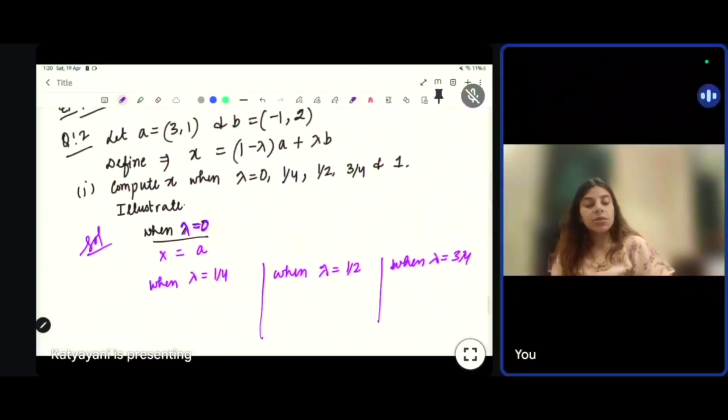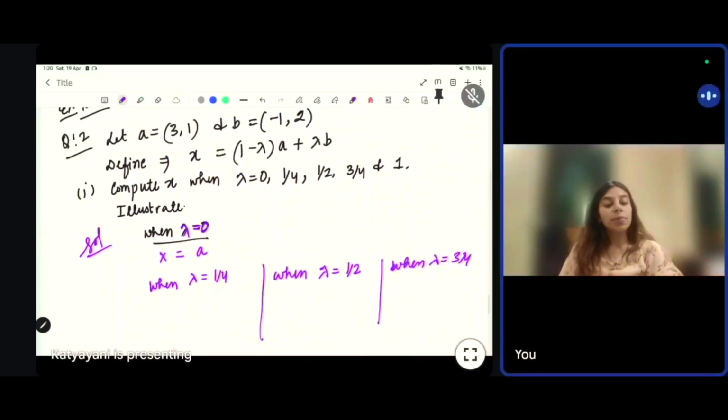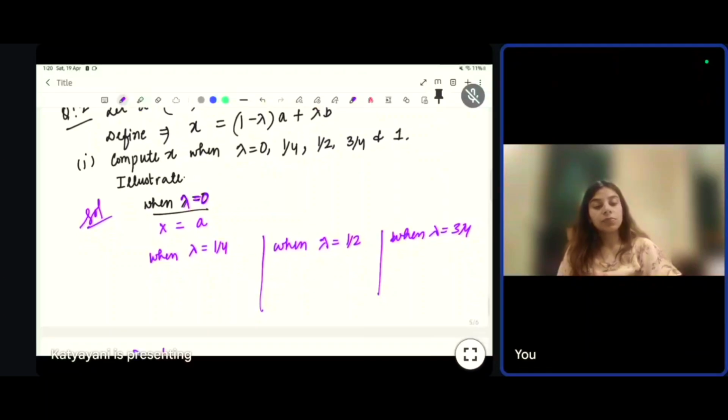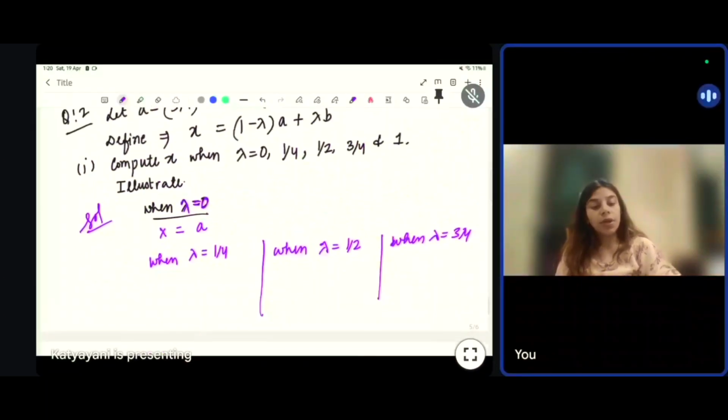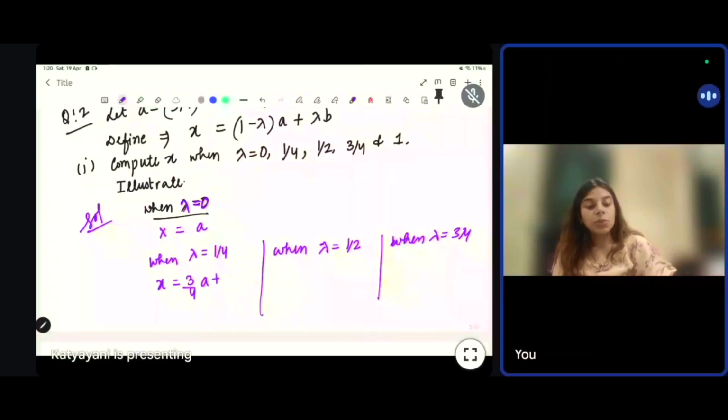So you can see here, when lambda takes a value 1 by 4, x would become 3 by 4 times a plus 1 by 4 times b, right? When lambda takes a value 1 by 2, then it would become half of a plus half of b.